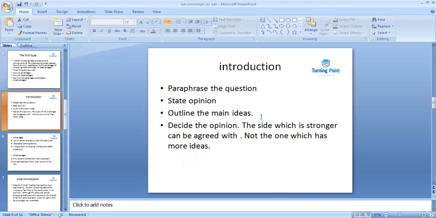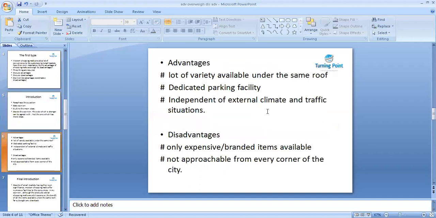So guys, before we start writing the opinion or outline the main ideas, we need to decide the opinion, that is, which side is stronger and can be agreed with. And it is not the number of advantages or disadvantages that will decide the opinion. It will be the strength of the advantages or disadvantages which will decide the opinion.